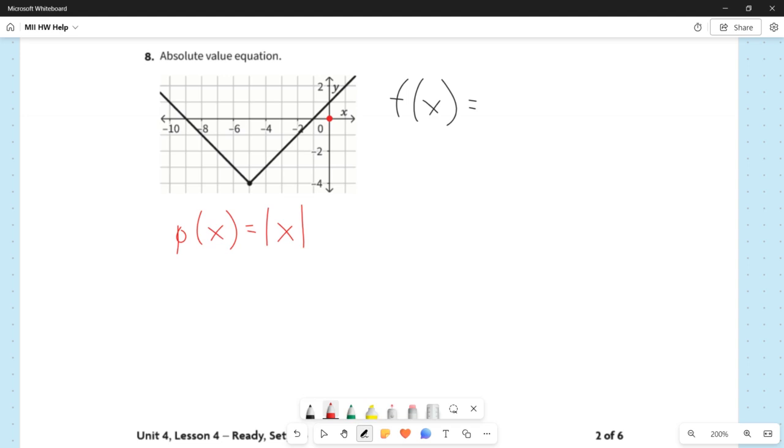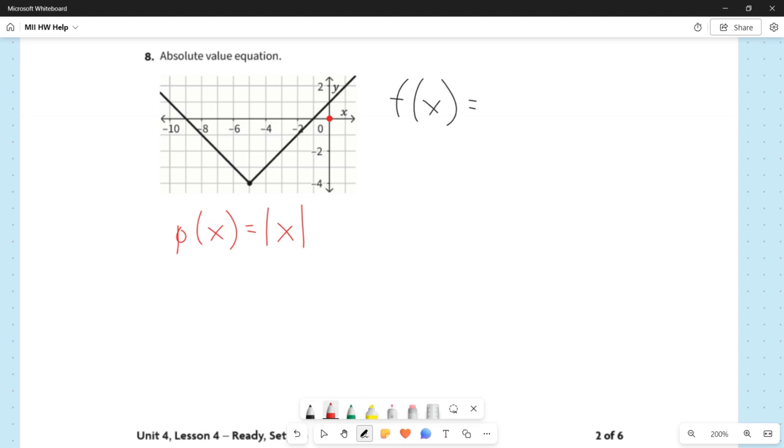But now we see that the vertex is not at the origin, it's in quadrant 3. And so essentially what's happened here is the parent function has been transformed into the current graph, the current function, that we're trying to get the equation for.